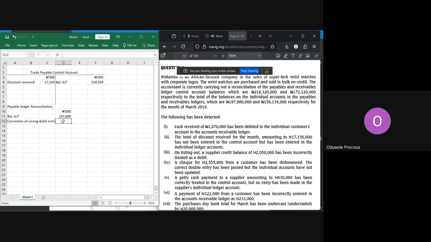So this one will give us, now this is how you calculate it. You say 2,050,000 times 2. Now I'll explain the reason why we're doing it like that.